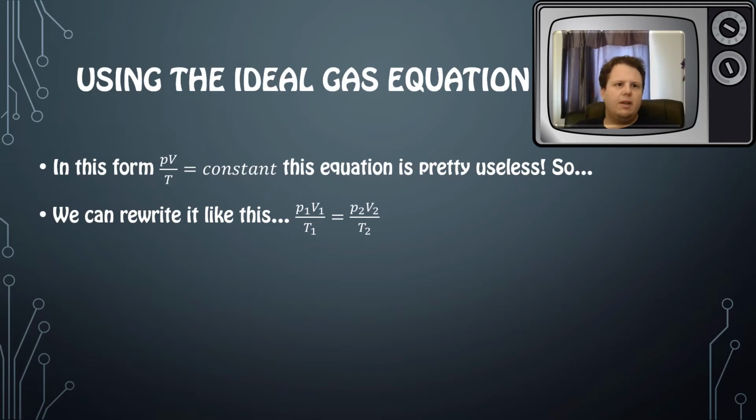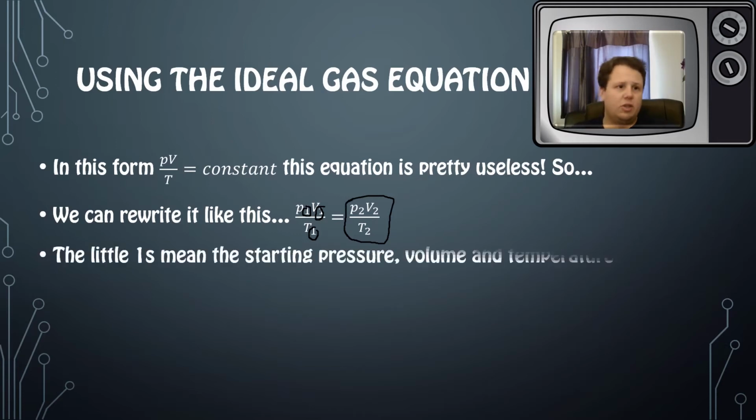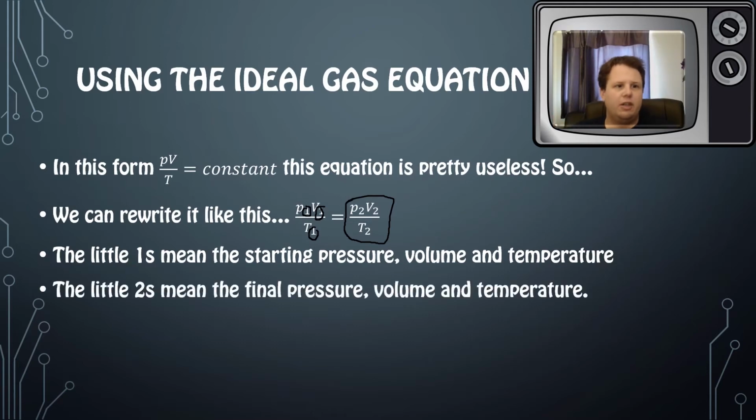So this is the pressure and the volume at situation 1. And then this side is the pressure, the volume and the temperature at situation 2. So the little 1s just mean the starting pressure, volume and temperature, and the little 2s just mean the finishing pressure, volume and temperature, and that's all those subscripts mean.